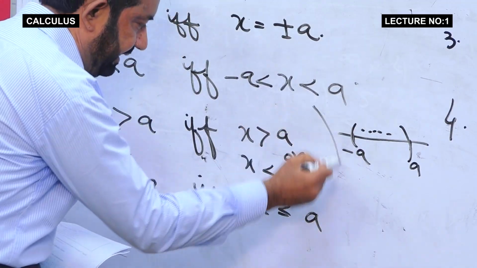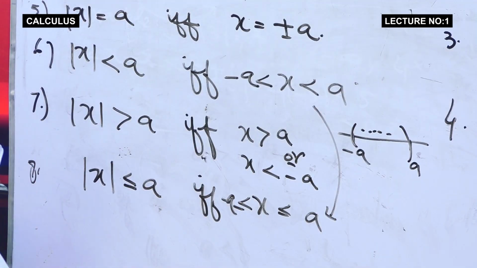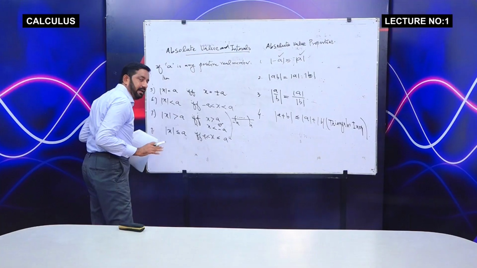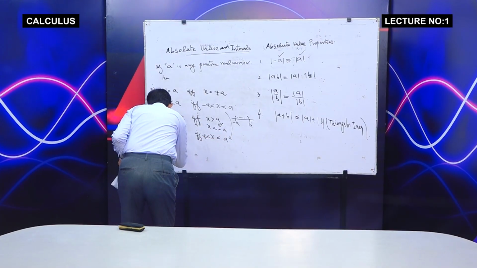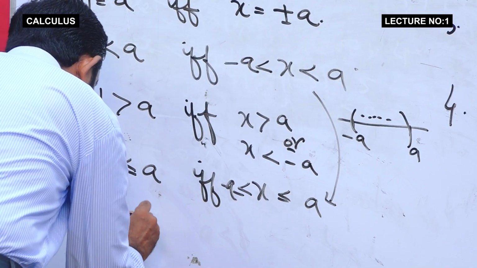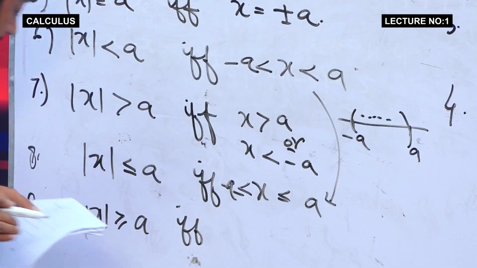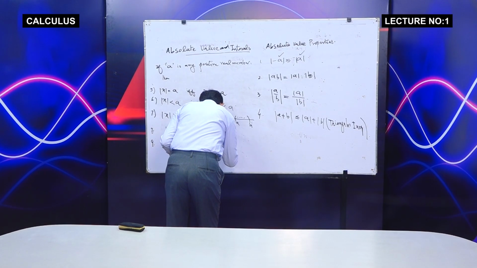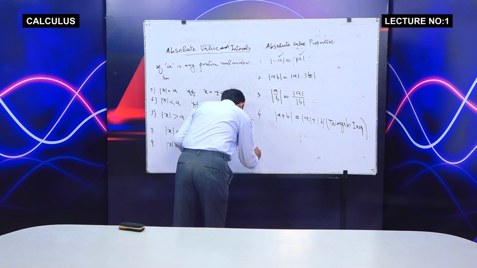So the story is same, just less than is replaced by less than and equal to, and the last one is that |x| अगर आपके पास greater or equal to a होगा तो we can write, my dear students, in this way, so if and only if x is greater or equal to a or x must be less than equal to -a.